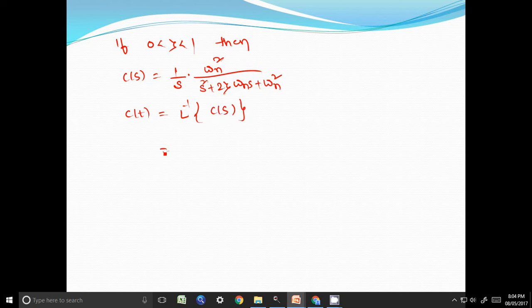That is nothing but 1 minus e^(-zeta omega_n t) by square root of (1 minus zeta^2), into sin(omega_d t + phi).